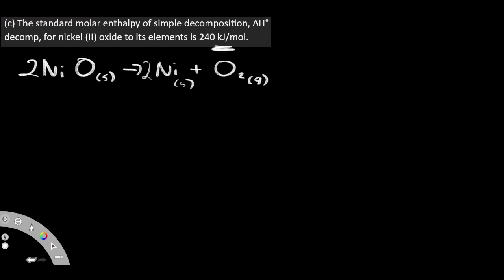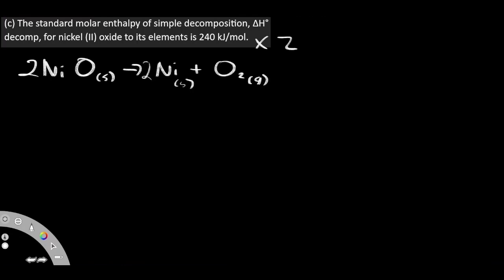This kilojoules per mole is in regards to the nickel(II) oxide in question. The problem is that is per mole of this one. We've figured out after we've balanced this equation that there is 2 moles of that. So rather than 240, we need to multiply this value by 2 because we have 2 moles of this right now. So we're going to have to do our little calculation.